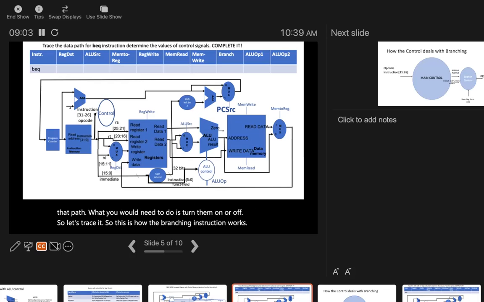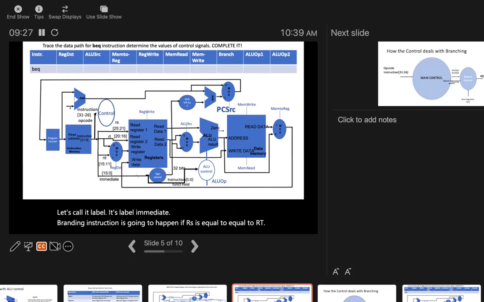So this is how the branching instruction actually works. As I was discussing with Sam, your BEQ instruction, the first operand is going to be the RS register, then the RT register, followed by the label, which technically is actually your 16-bit immediate. Let's call it label. It's label immediate. Branching is going to happen if RS is equal to RT.